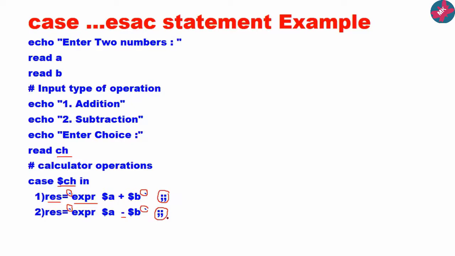And finally, I have terminated with esac, meaning the case statement. And you know that I have stored my result in the variable called res, isn't it? So I will just display the result variable. So this is the program I have written for addition or subtraction of any two numbers given by the end user. Check how to run this.